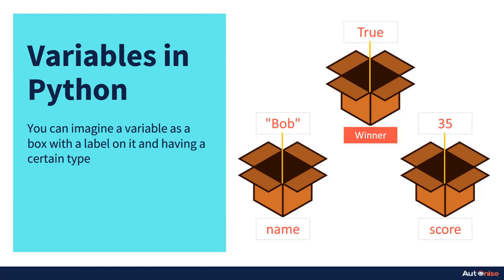To further develop an understanding of a language, we need to understand what variables are. You can imagine variables to be something like a box, and they have a name on that box.